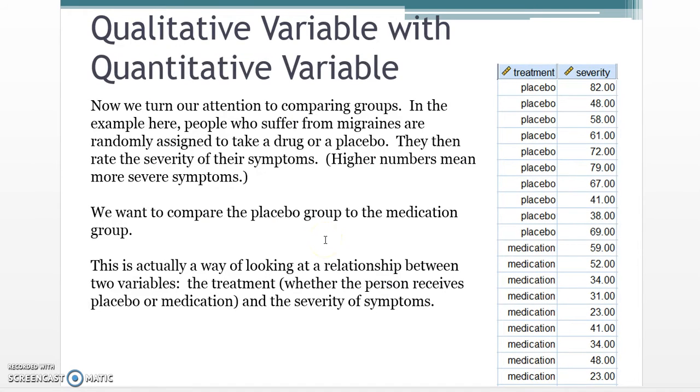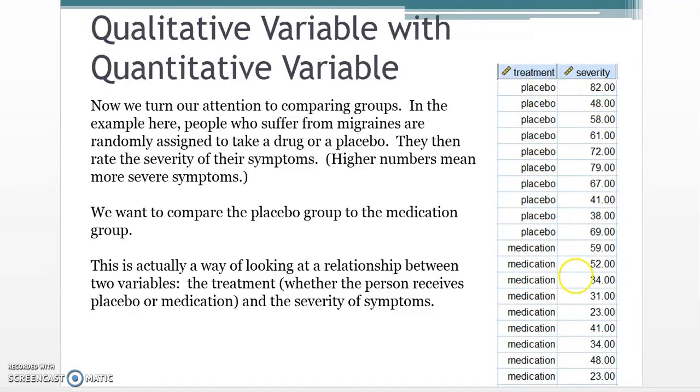All right, the last thing we want to talk about for two variables is one qualitative or categorical variable with one quantitative variable. Let's see this given data set. I'll give you 30 seconds to read the description of these two data sets. Basically, they're talking about people who suffer from migraines and were given two different treatments: either one group is given a medication or the other group is not.